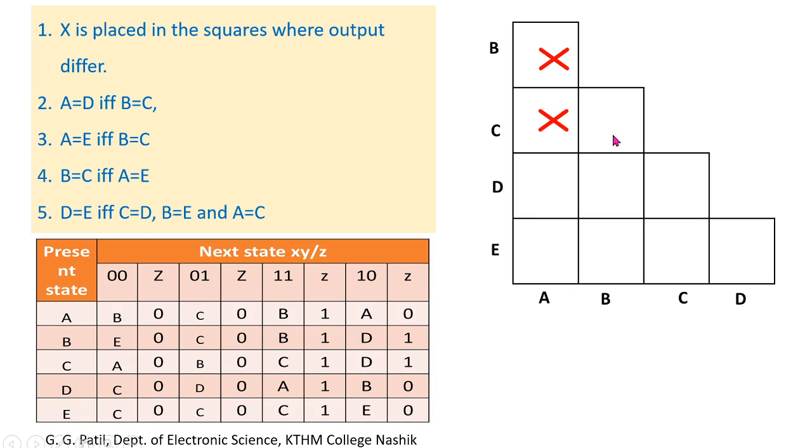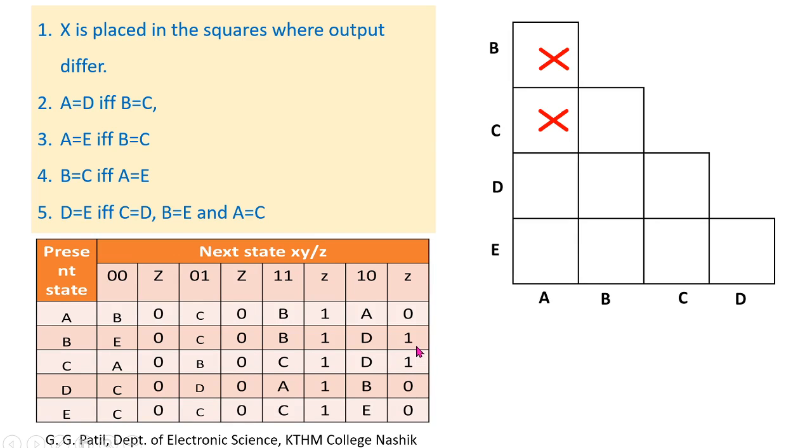Then the next pair is BC. Check the state BC for outputs: 0 0, 0 0, 1 1, 1 1. So it has to be left uncrossed. Then BD: check BD, 0 0, 0 0, 1 1, 1 0.